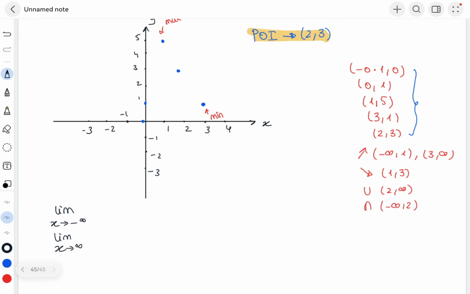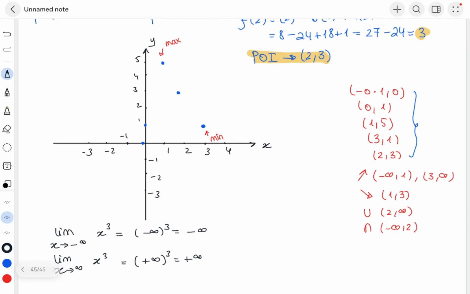And as we said before in previous videos, we always care about the highest power of x. And here we have x cubed, which means negative infinity cubed is negative infinity, and positive infinity cubed will give us positive infinity. So we know now that our limit as x tends to negative infinity will be negative infinity, and the limit as x tends to infinity will go to infinity.